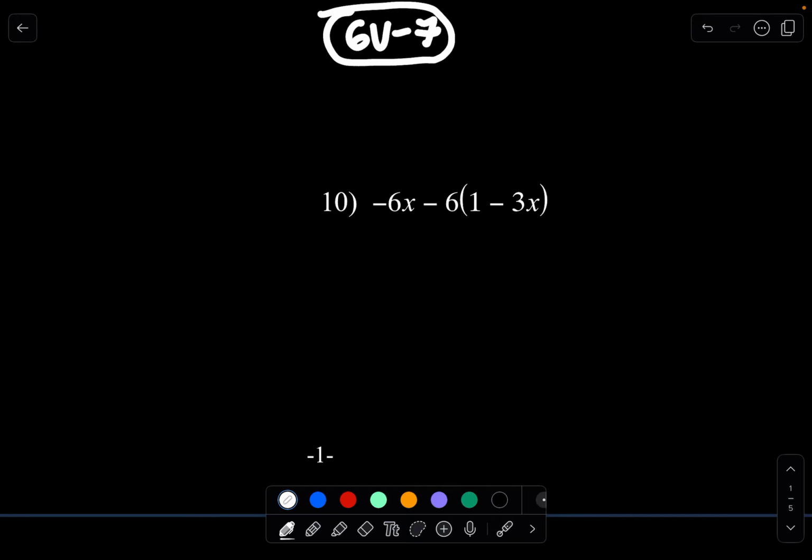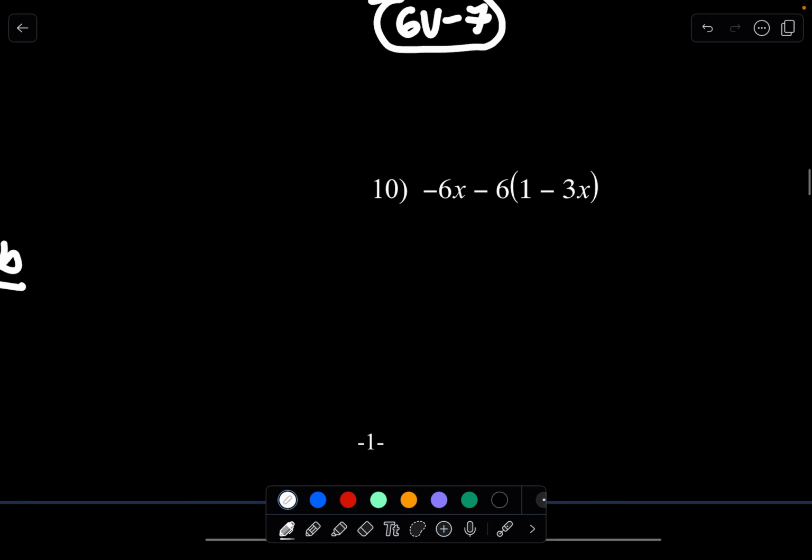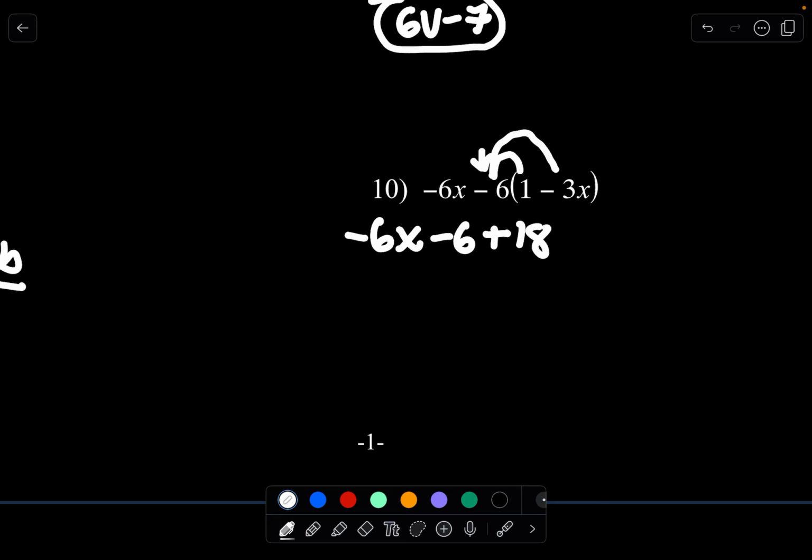All right, number 10 would be considered an uglier one, mainly because of that minus sign right there. So we have negative 6x. Now when you distribute a negative 6 in your mind, right? Negative 6 times 1 is negative 6. Negative 6 times a negative 3x is a positive 18x.